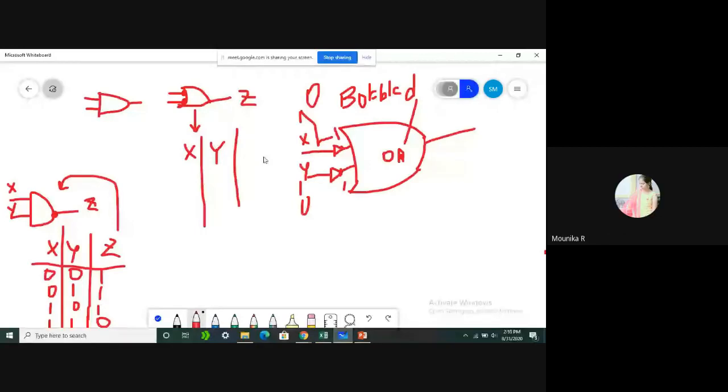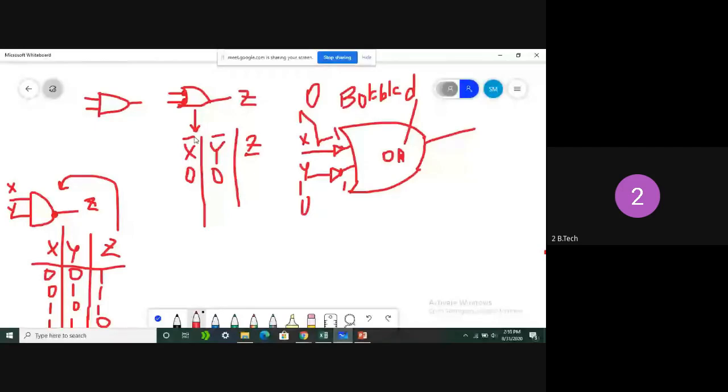1, sir. 1 only. So if both are zeros, this bubbled OR takes them as the inverse, X bar. Will you agree with this?